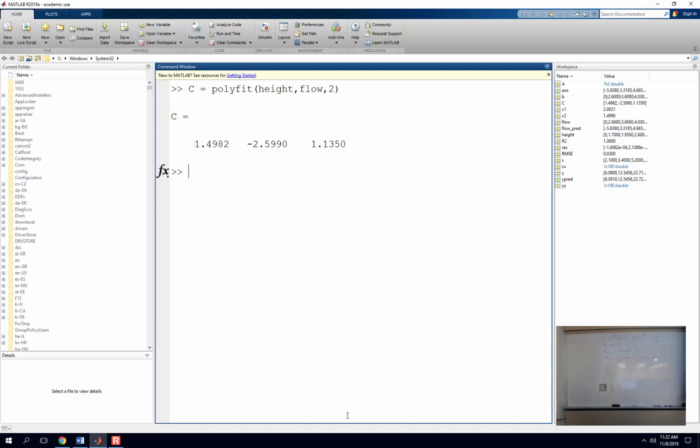So that A backslash B thing is a general fitting. It can work for polynomial, it can work for whatever the input is, whatever the function is. But this is only for polynomial functions.